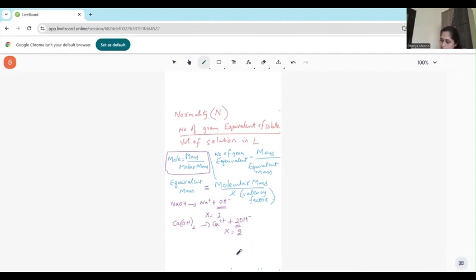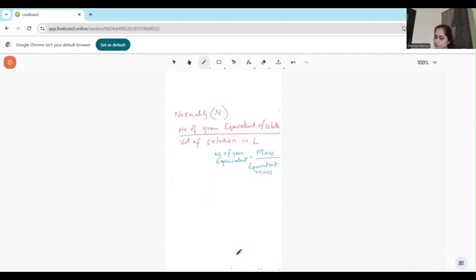Now the first question is: 0.98 grams of sulfuric acid are present in 500 ml of solution.